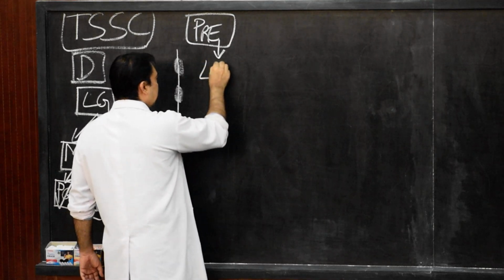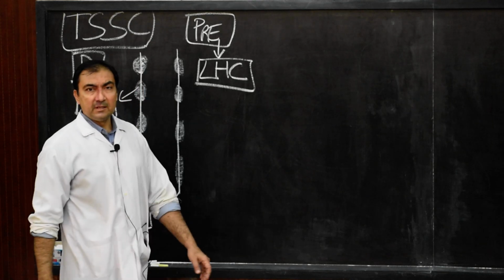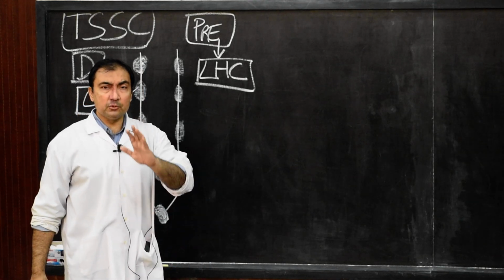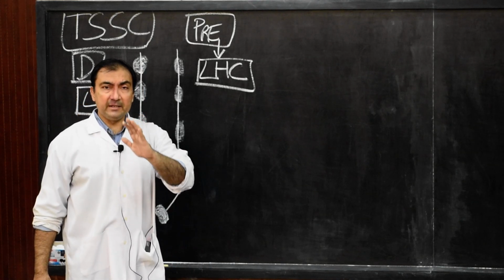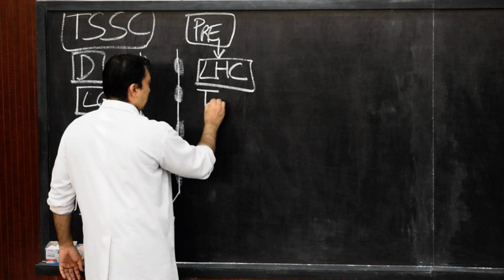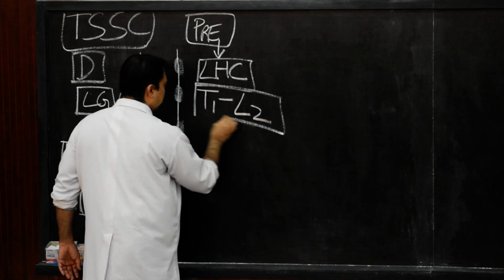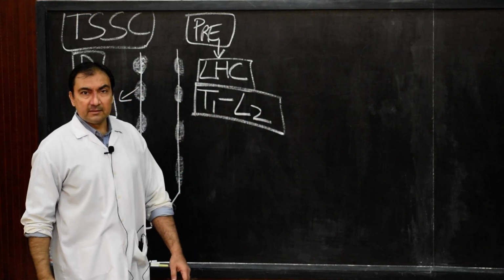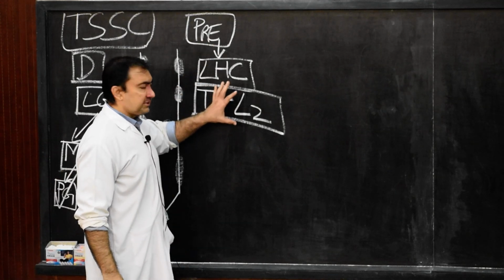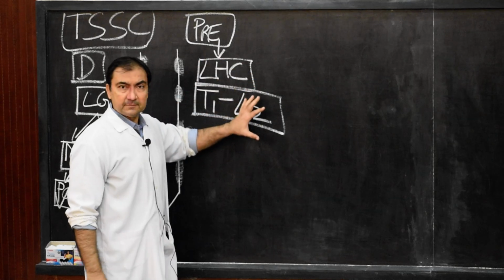This is very important. So within the spinal cord, from the level of T1 till lumbar 2 spinal segment only, the preganglionic neurons are located. This has to be remembered throughout.